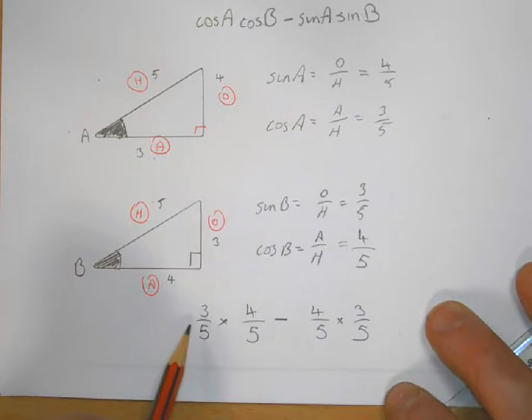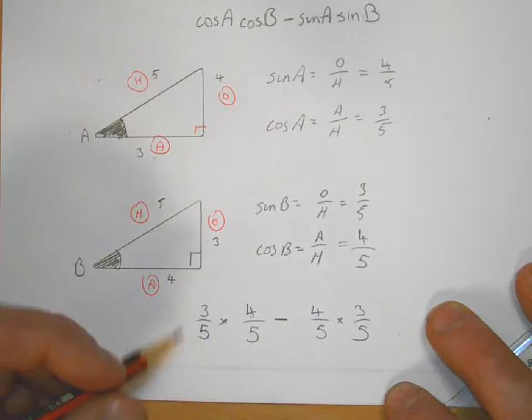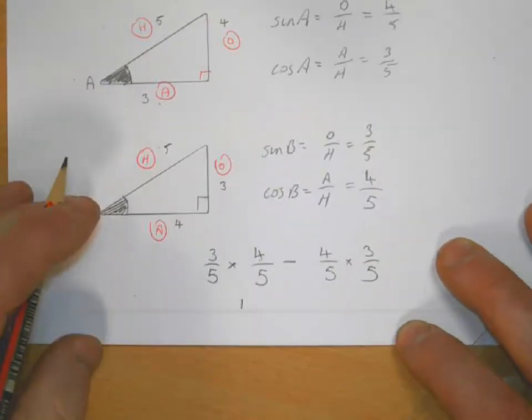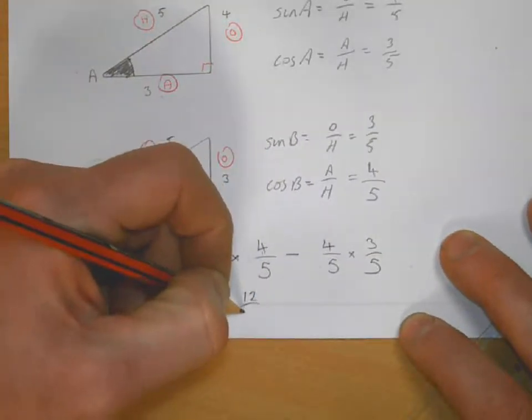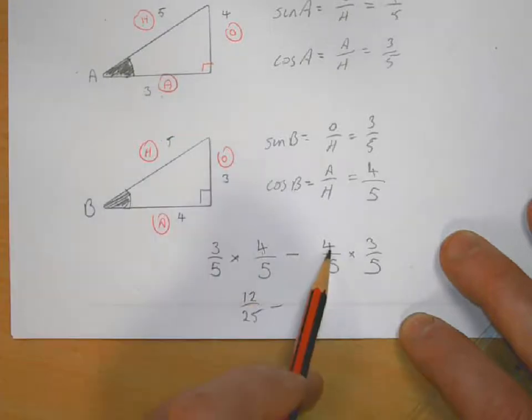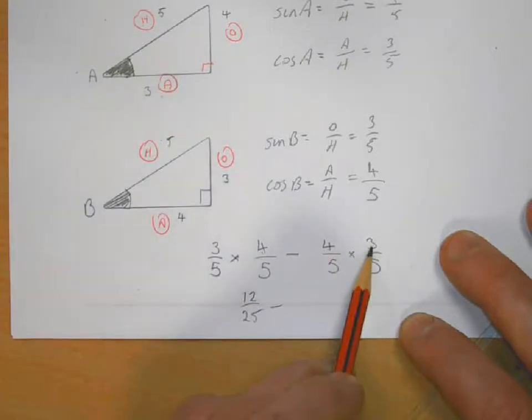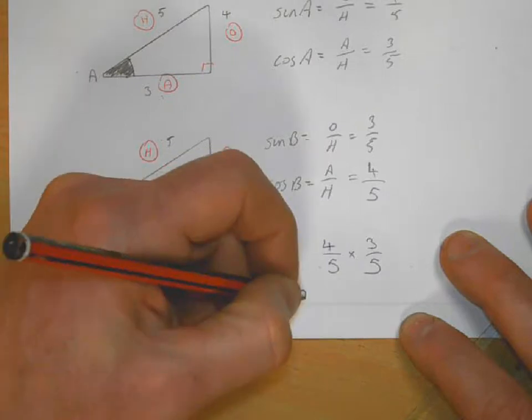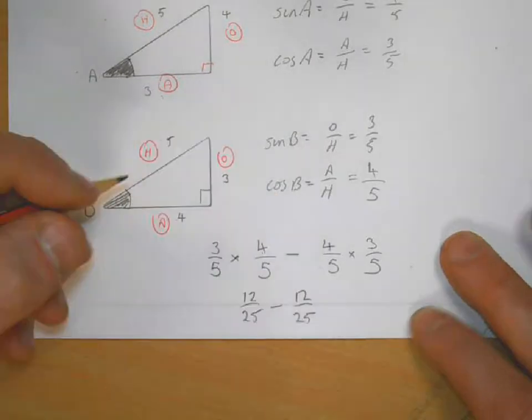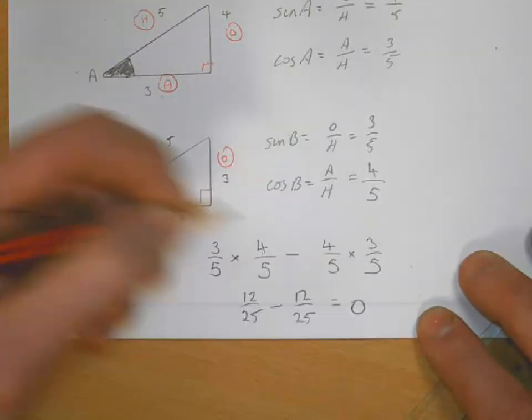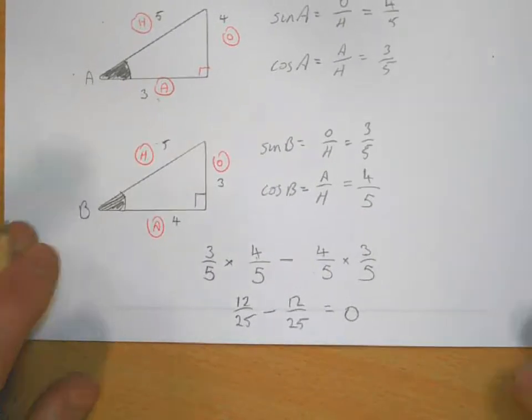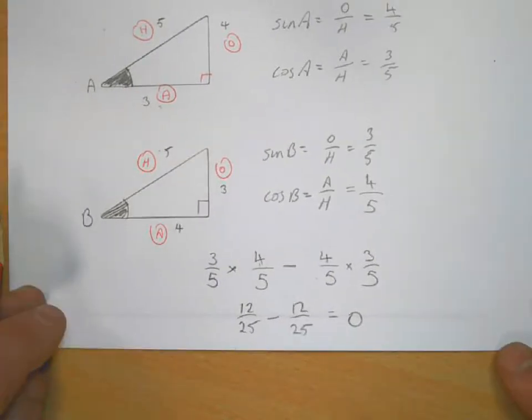And it looks like this is all going to cancel out: 3 times 4 is 12 over 25, and again, 4 times 3, 12 over 25. So we end up with 0. So cos(A plus B) equals 0.